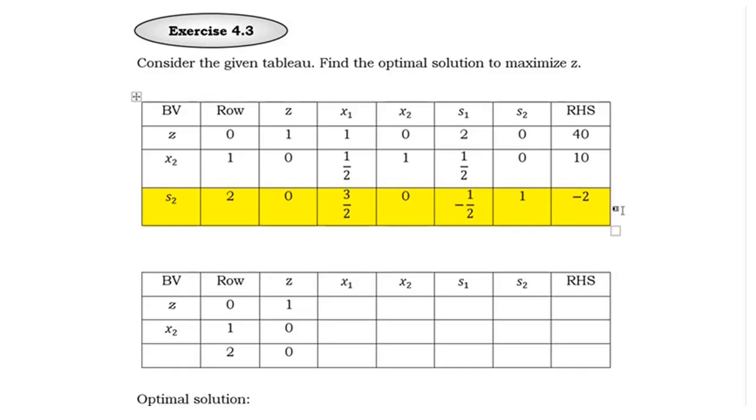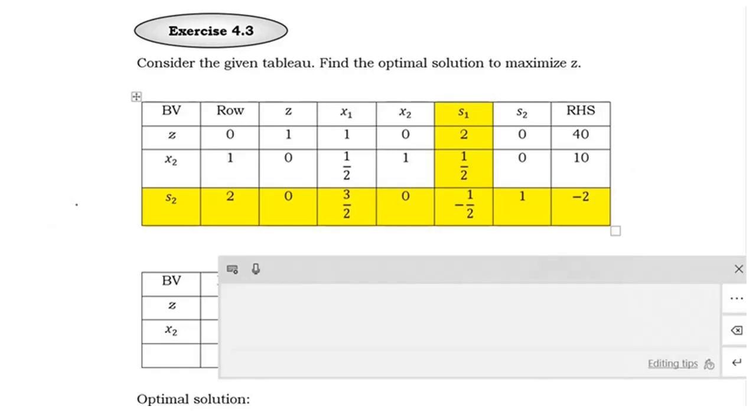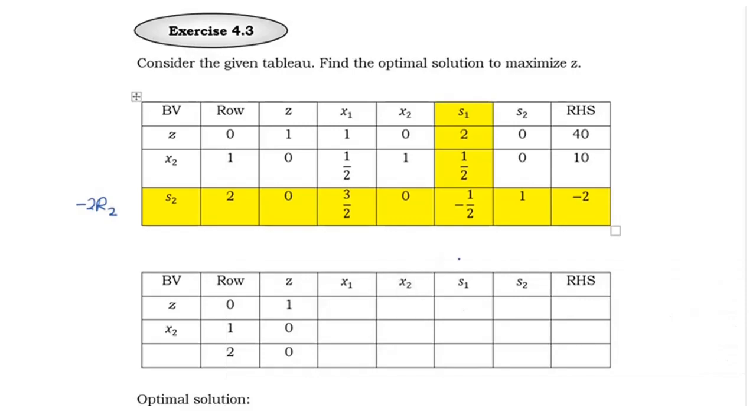Because S1 has the only negative coefficient in row 2, S1 will enter the basis. We use ERO negative 2 times R2 for row 2, so that S1 will enter the basis in row 2.